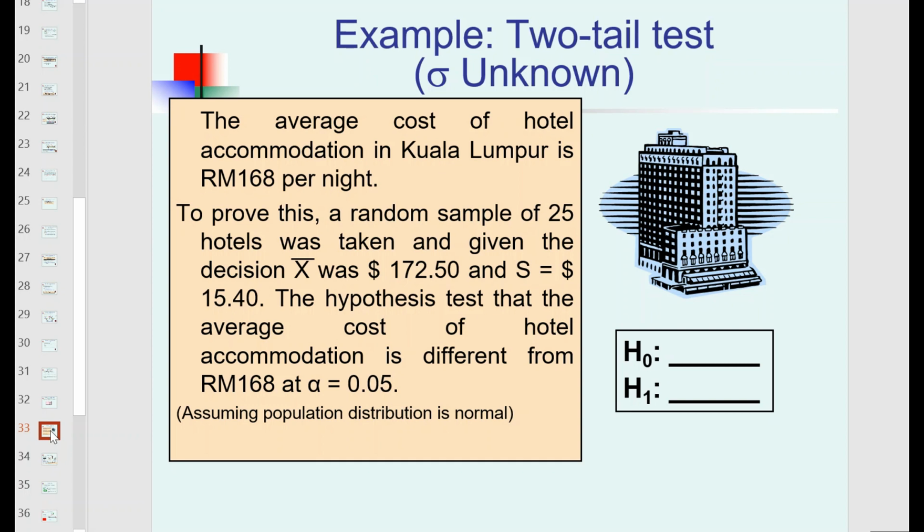The hypothesis tests that the average cost of hotel accommodation is different from 168, at alpha equals 0.05. The population distribution is assumed to be normal here, so you can proceed with the statistical test.